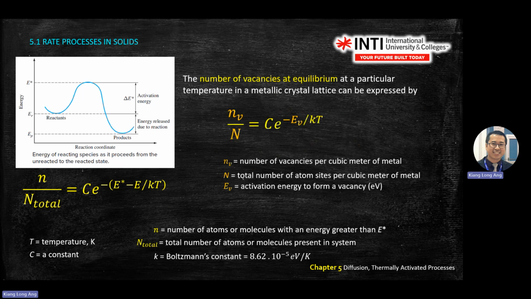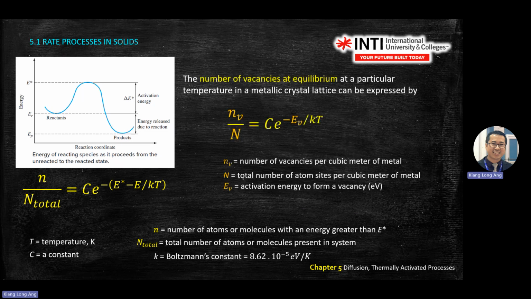So there are a few equations that are important for today. If the question asks you to calculate vacancies, you will use this equation: N_V divided by N equals C e to the power of minus E_V over kT.